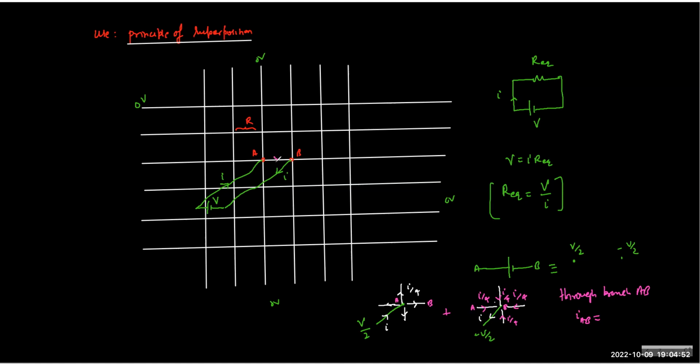Using the principle of superposition, I by 2. Do you realize this? I by 4 when V by 2 is giving, I by 4 when minus V by 2 is giving, because we have to combine the two situations together. So the net current will also add up or superimpose, and the answer becomes I by 2.